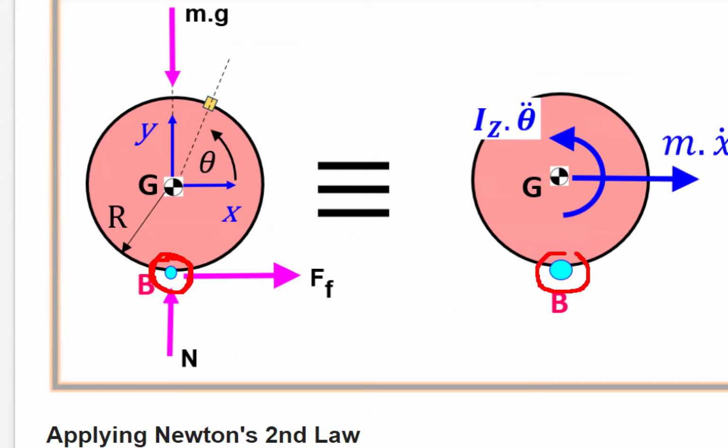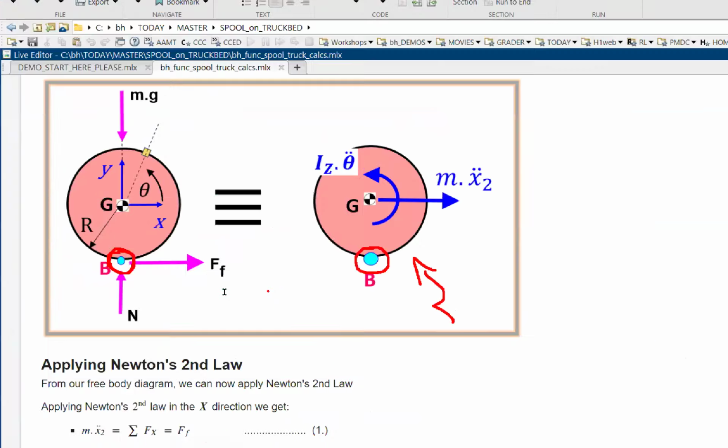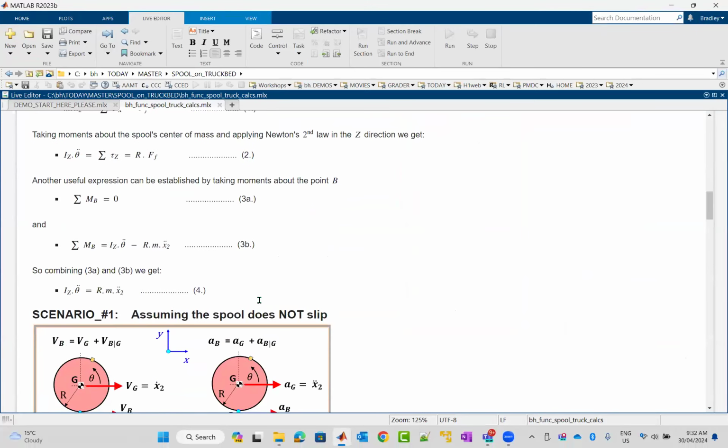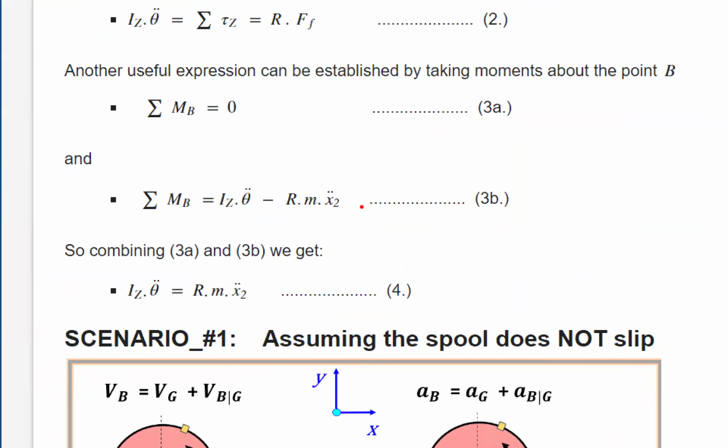Let's take the moments about point B on this diagram. So let's have a look at those two equations. So here's the first equation, and here's the second equation, right? And of course, the sum of the moments, regardless of which diagram you look at, about that point will have to be the same.